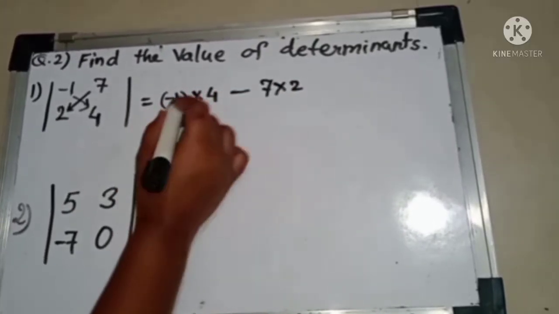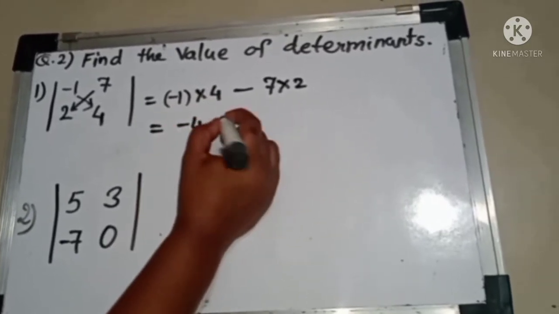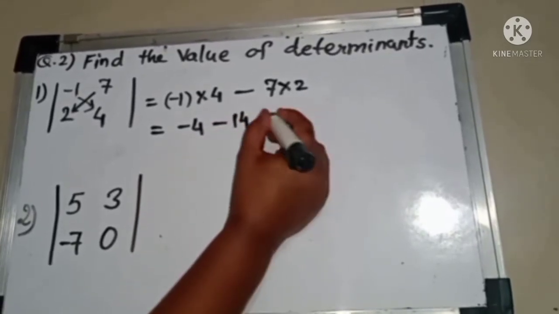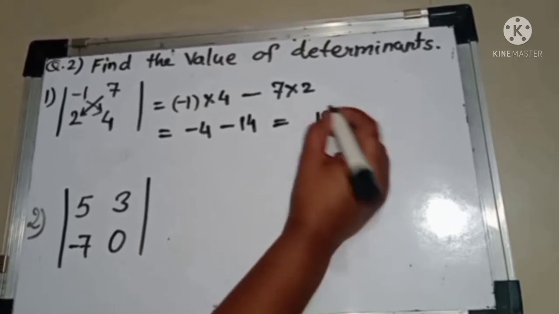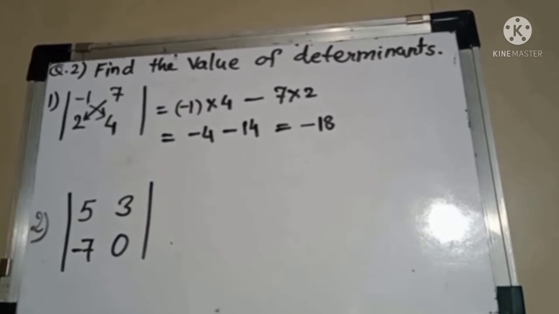So minus 1 into 4, that is minus 4. Minus 7 twos are 14. Minus minus, we will do the operation of addition, that is 10. The bigger number's sign is minus, so in the answer you will continue with the minus sign.